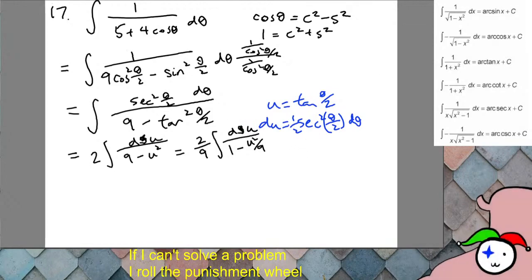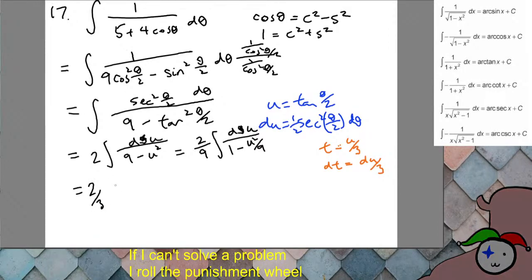You can then do t equals u over 3, so dt is du over 3, times it back by 3. Yeah, okay. Something like this. 1 minus t squared, which is 1 minus, what is it?